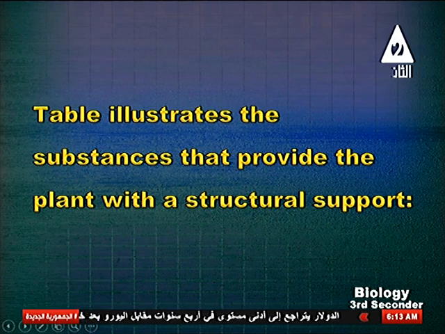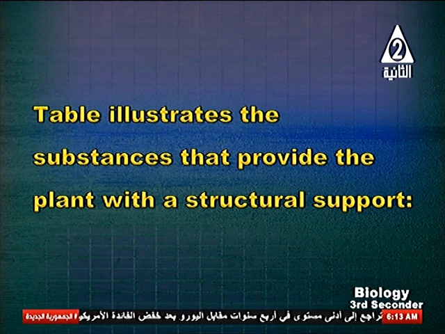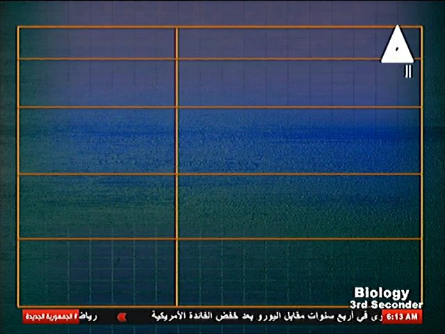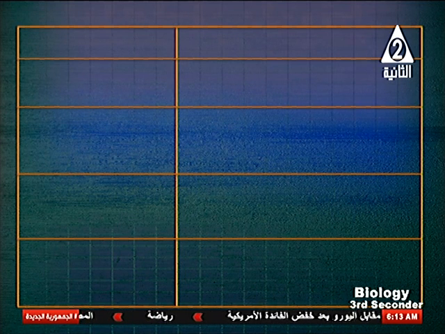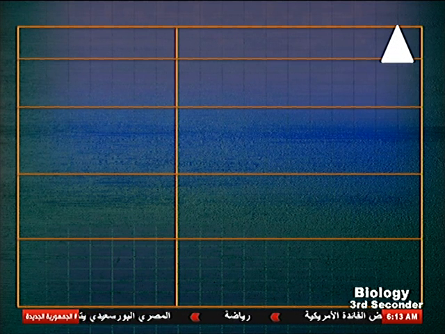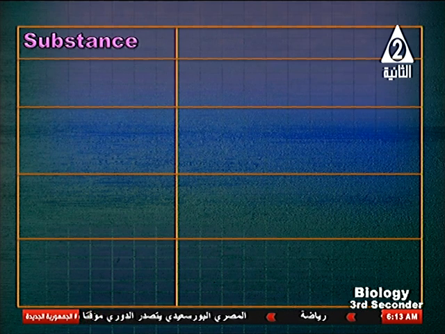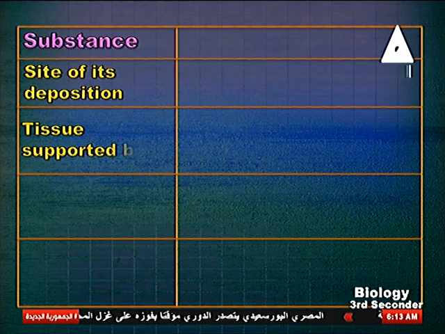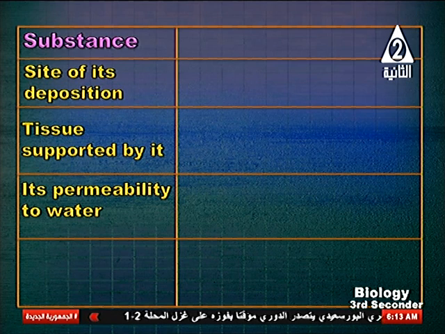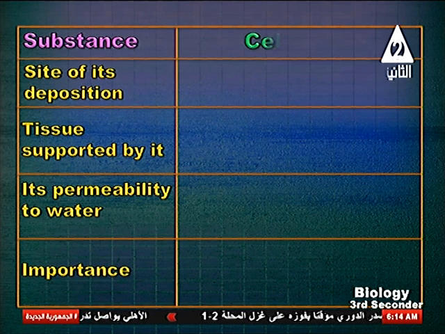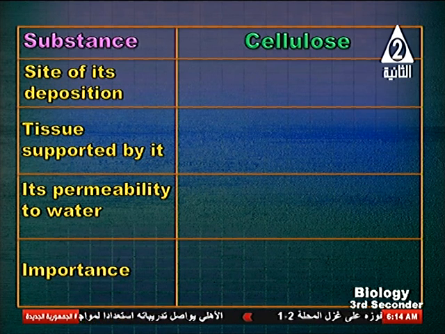This table illustrates substances that provide the plant with structural support. We will discuss here each substance that provides the cell with structural support. Here will be the substance, the site of deposition, the tissue supplied by it, its permeability to water, and its importance. The first one is cellulose.